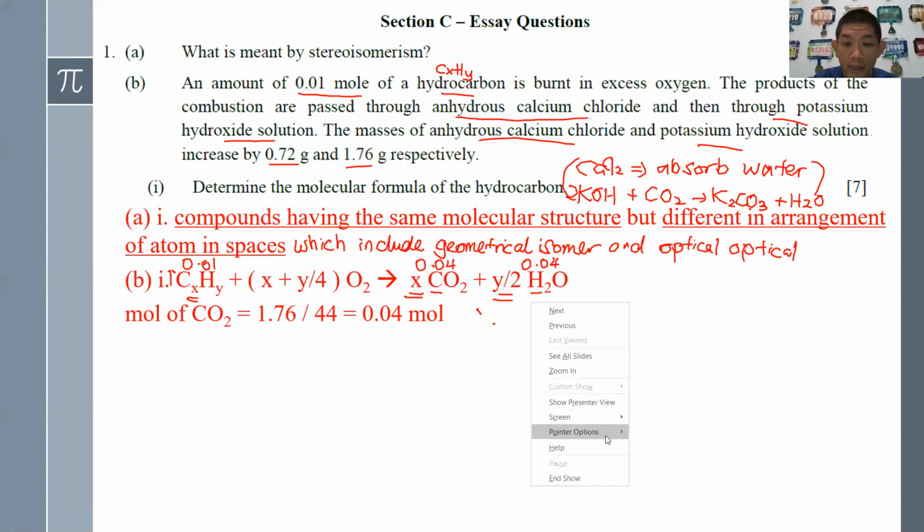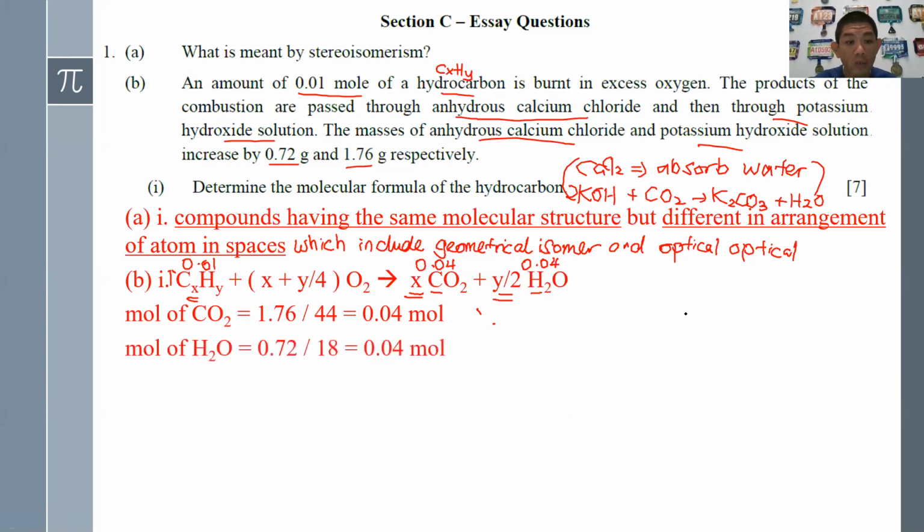Here, you want to find out the numbers x and y. For x, since the ratio of the hydrocarbon to the carbon dioxide is 0.01 to 0.04, therefore it's 1 to 4, so x is equal to 4. That means your hydrocarbon contains 4 carbons.